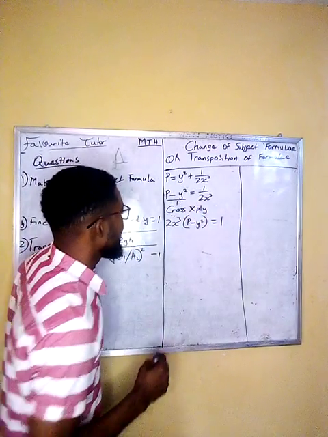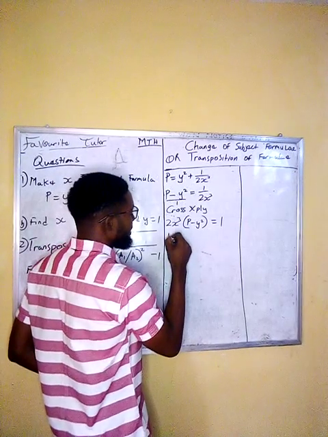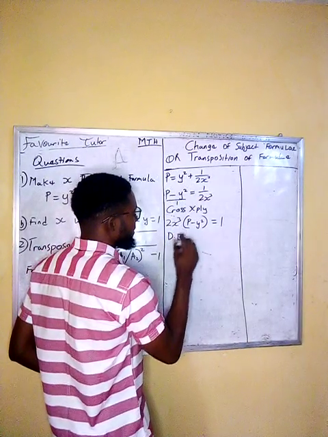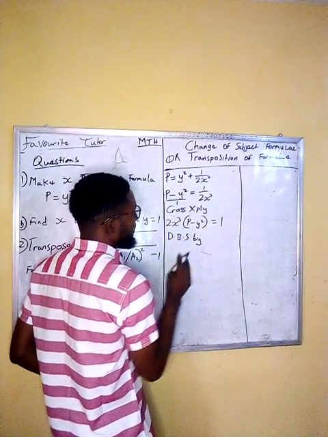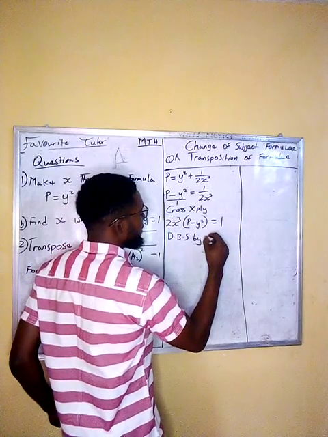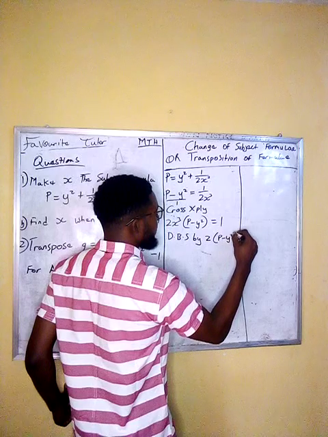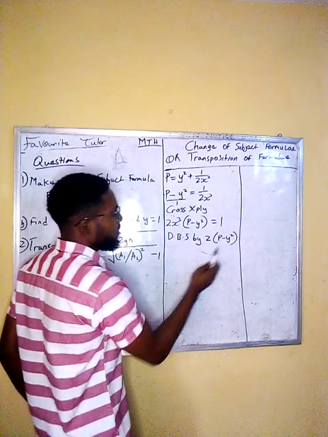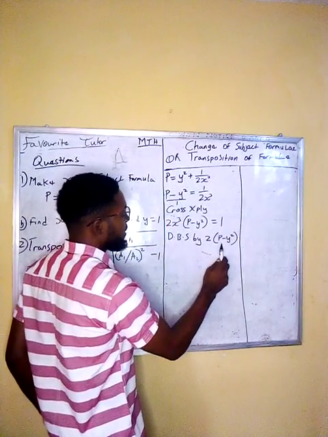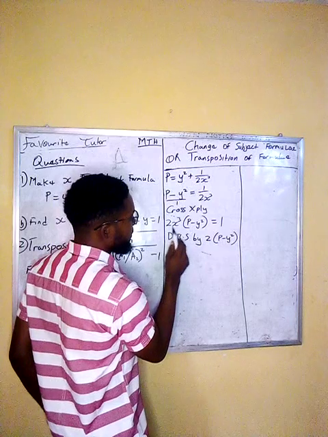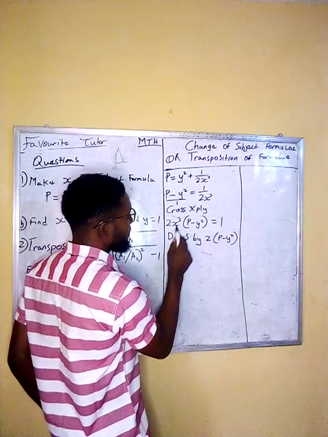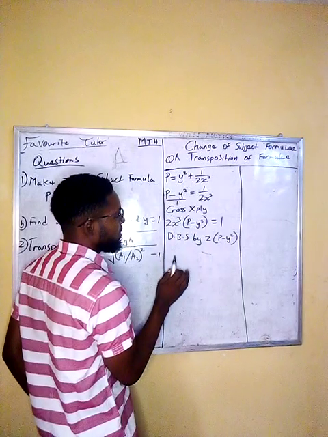Then we divide both sides by 2 bracket P minus y to the power of 2. Why do we divide both sides by this? Because when we divide both sides by this, x raised to the power of 3 will stand on its own.